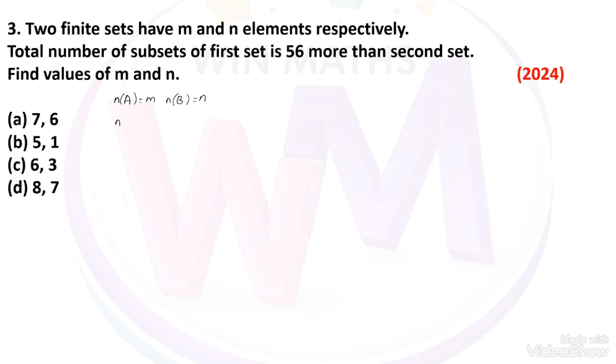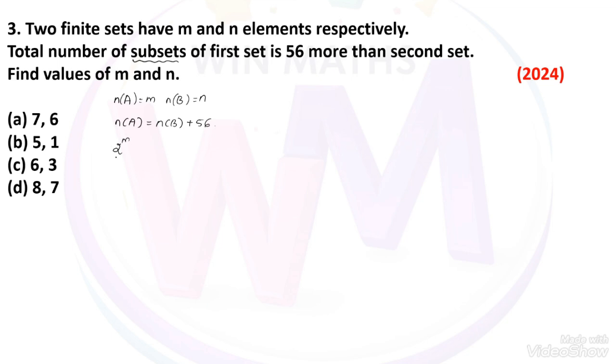So n of A is equal to n of B plus 56. Here they have given the number of subsets. If A has m elements, then the number of subsets is 2 to the power m.